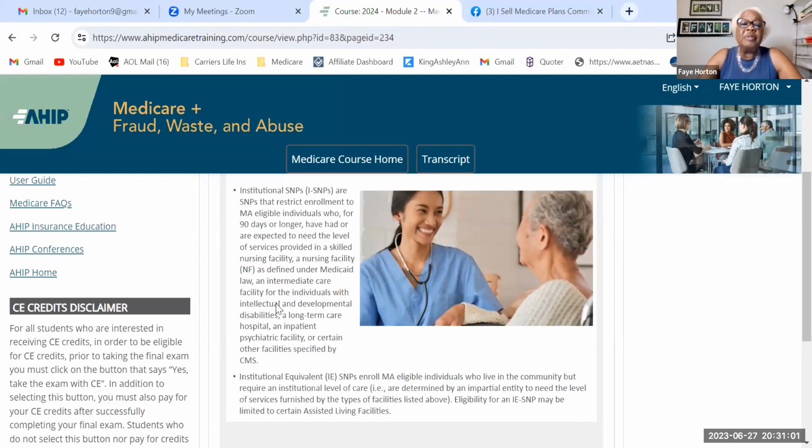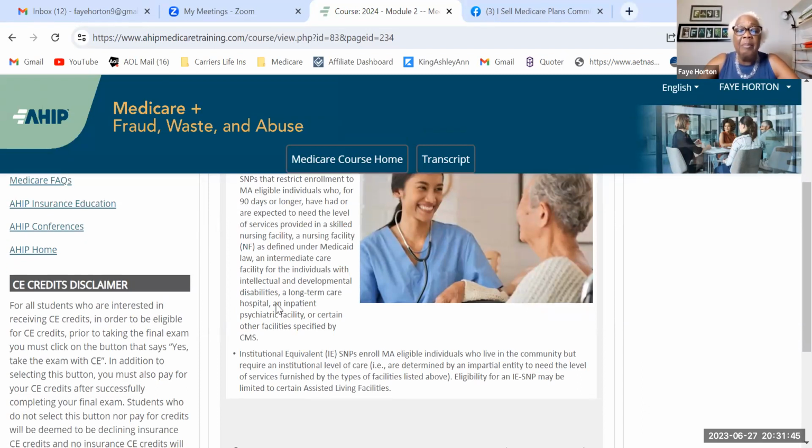So institutional SNPs are SNPs that restrict enrollment to a Medicare Advantage eligible individual who, for 90 days or longer, have had or are expected to need the level of services provided in a skilled nursing facility, a nursing facility as defined under Medicaid law, an intermediate care facility for individuals with intellectual and developmental disabilities, a long-term care hospital, an inpatient psychiatric facility, or certain other facilities specified by CMS.